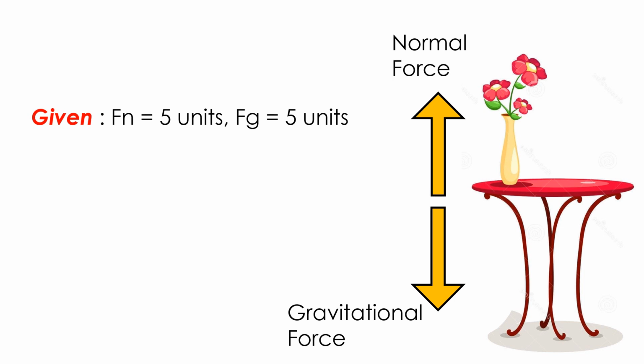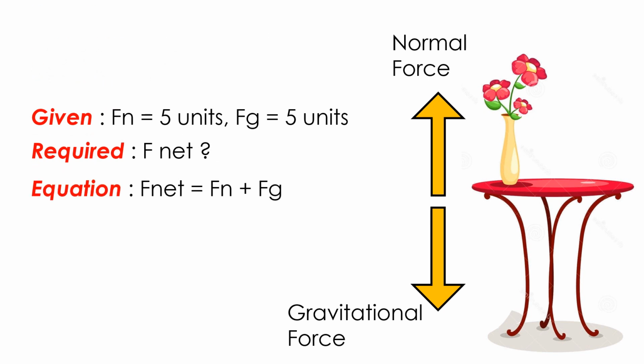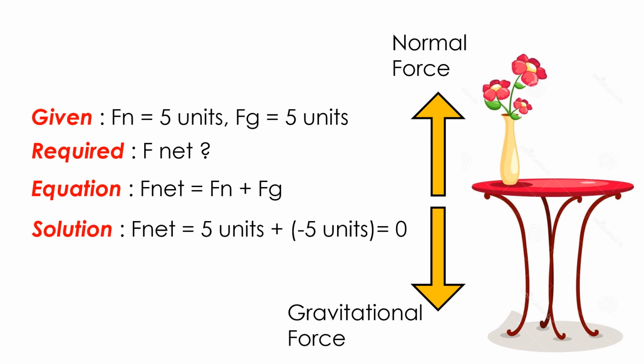Gravitational force is 5 units as well. Required: net force. Equation: net force is equal to normal force plus gravitational force. Solution: net force is equal to positive 5 units plus negative 5 units. Answer: 0. Therefore, there is no motion produced, or the object is at rest.